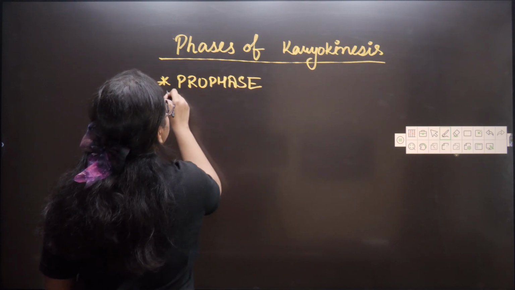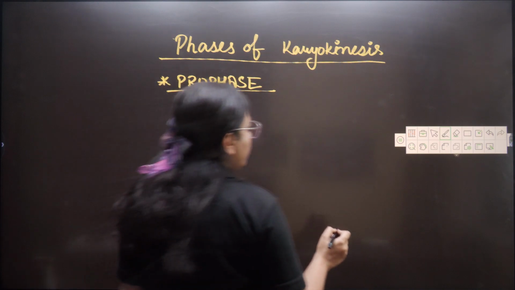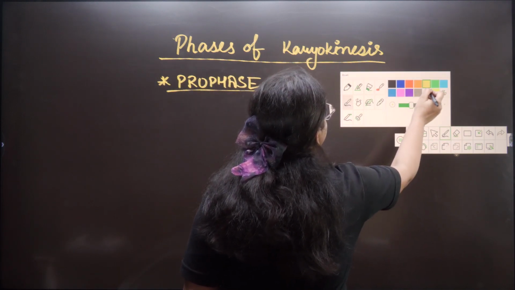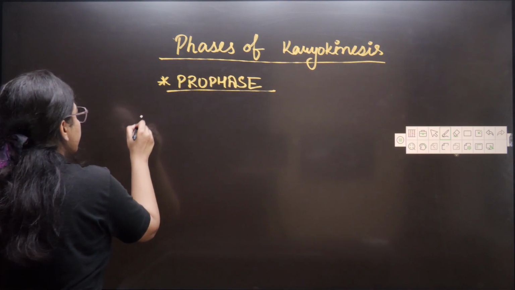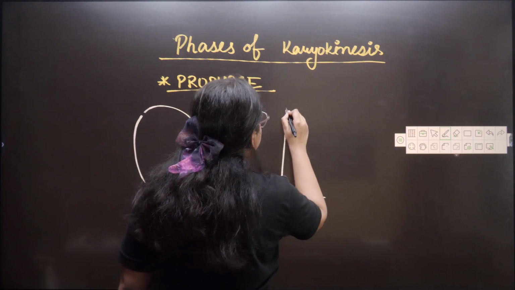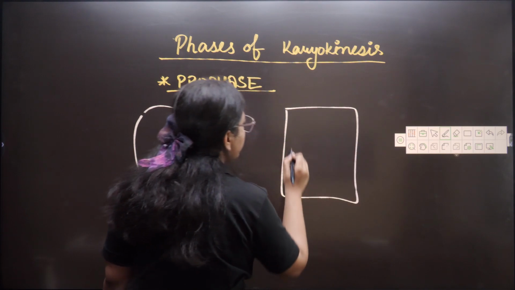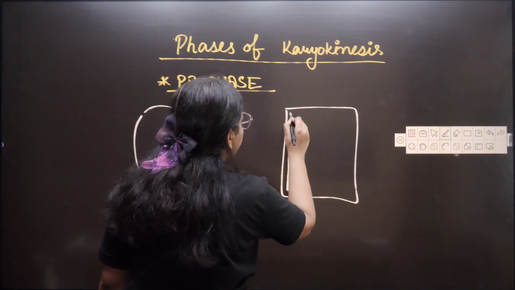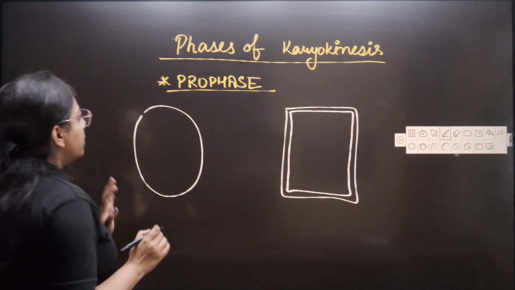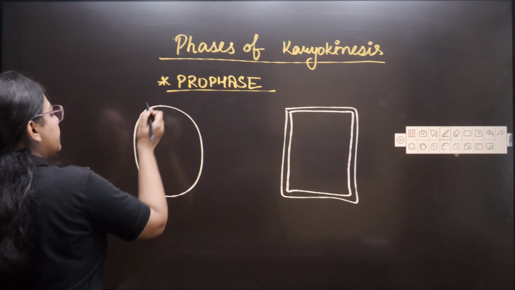So in prophase, we have to make two cells. One is an animal cell and one is a plant cell. In the plant cell we know there are two membranes, one is the cell wall, one is the cell membrane, and here it has only the cell membrane.